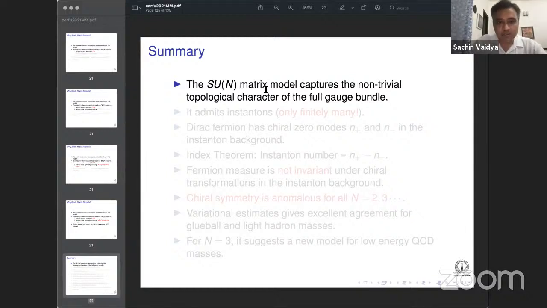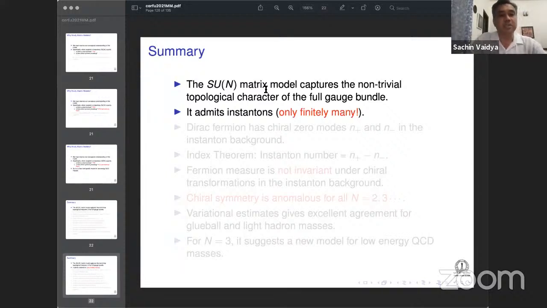Although I did not show you the matrix model that I described to you, the configuration space captures the non-trivial topological character of the full gauge bundle. This was first shown by Narasimhan and Ramadas many years ago in 1979. If you write down the Yang-Mills action, then it admits instantons. Although unlike the full field theory case, there are only a finite number of distinct instantons.